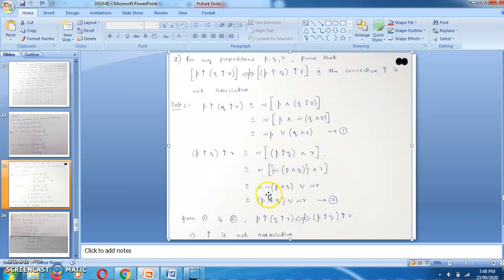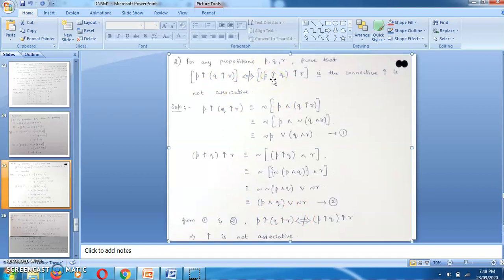So now it comes to be negation of p or negation of r. If you see, the double negation will always get cancelled: p and q or negation of r. So with this we can conclude that this proposition is not equivalent to this.